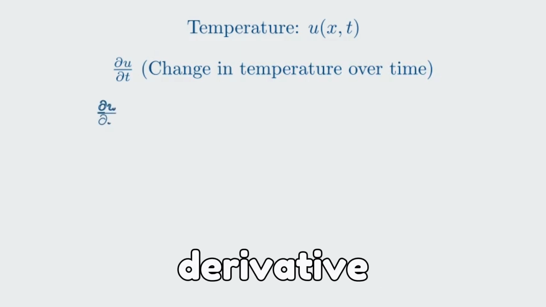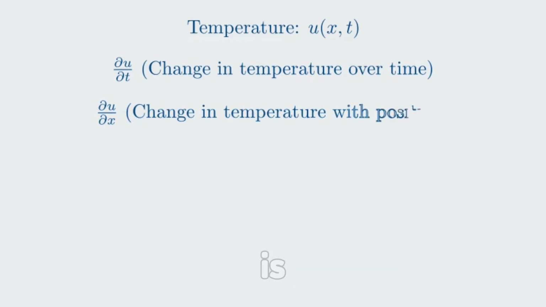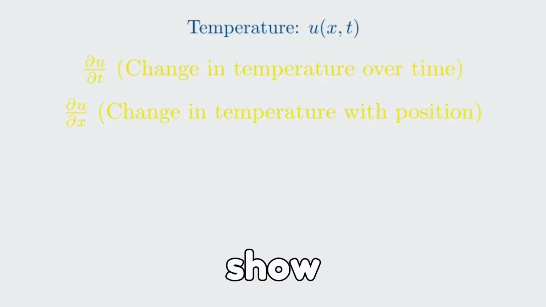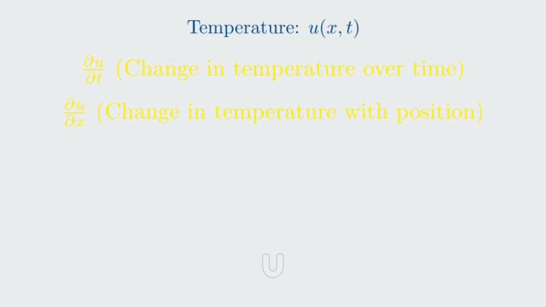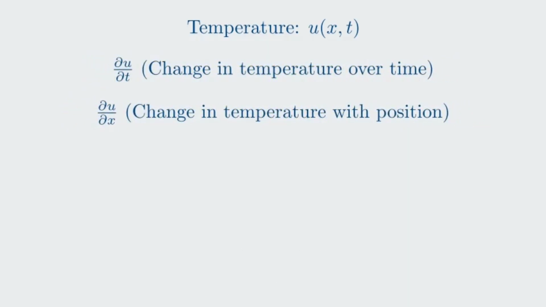The partial derivative of U with respect to x tells us the slope of the temperature profile along the rod. It indicates if the temperature is increasing or decreasing as you move right. The heat equation will relate these two types of change. It will show how the rate of change of temperature at a point, u_t, depends on the temperature profile around that point, u_x.